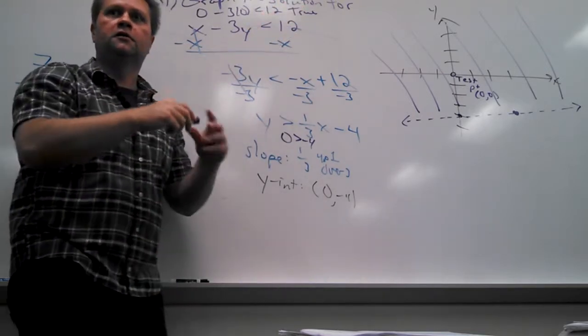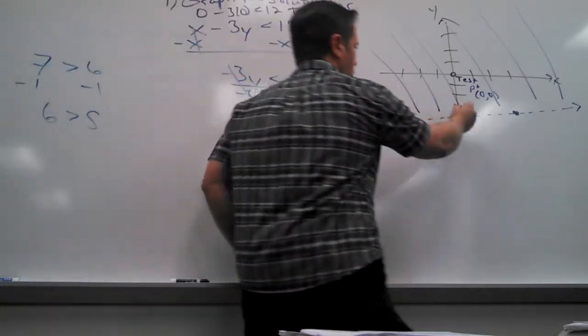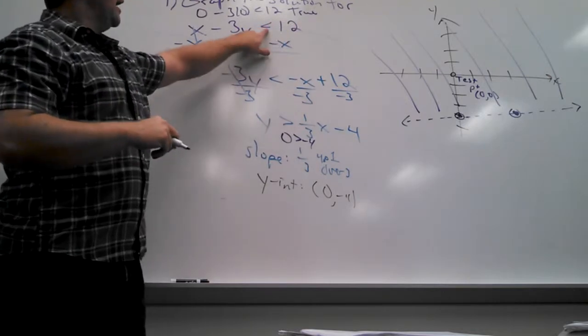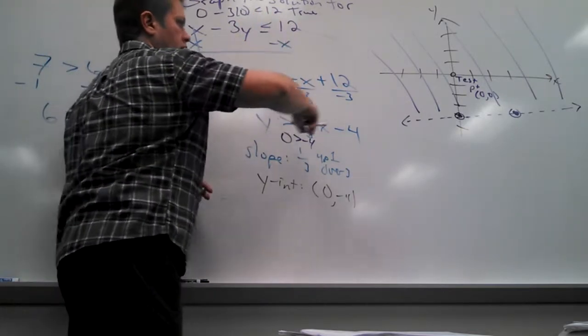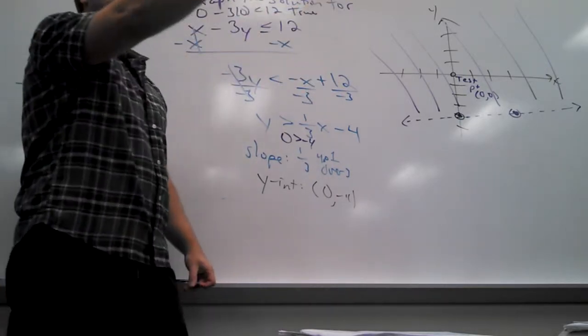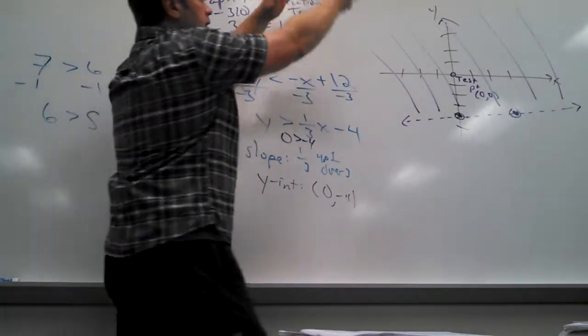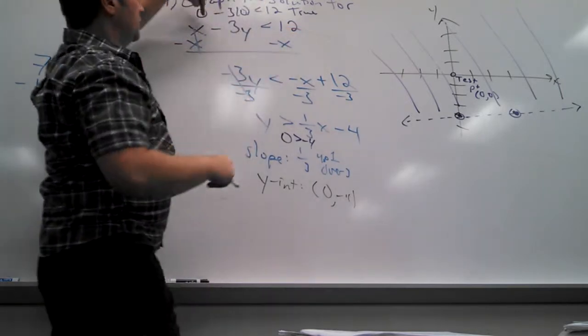You guys believe me? That's the main idea of a line. That's how I graph it, I get points that work in this equation. So why is it dotted? Because it can't equal 12. If it was less than or equal to 12, I would have made it solid, because all those points make it equal 12. But it wasn't. Now the shading: all these points actually make it less than 12 when I do this.